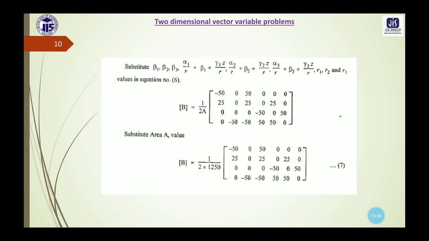Now we need to put all the values of beta 1, beta 2, beta 3, r1, r2, r3 and the others in the formula of this B matrix. Next we need to put the value of the area of this axisymmetric triangular element to calculate the final result for this B matrix. So this equation 7 is the value of the strain displacement matrix B.